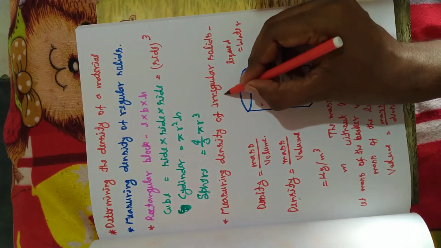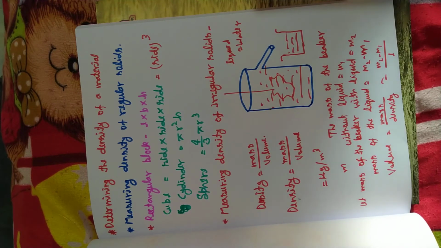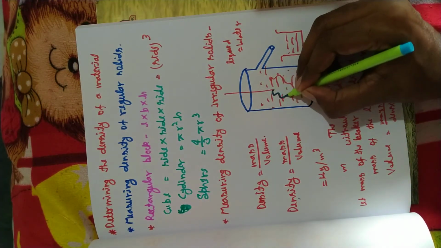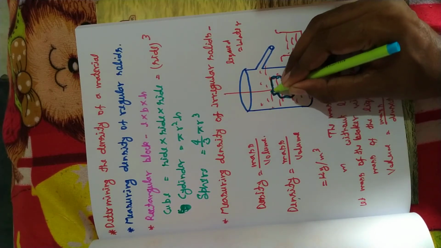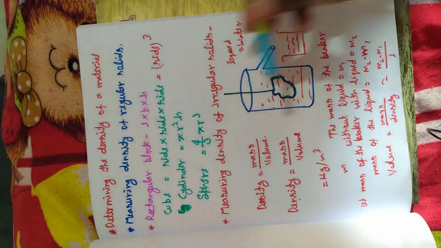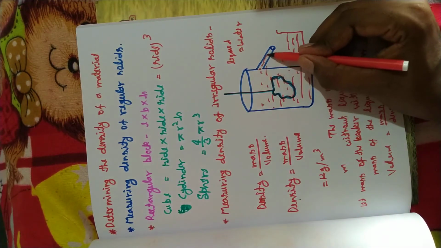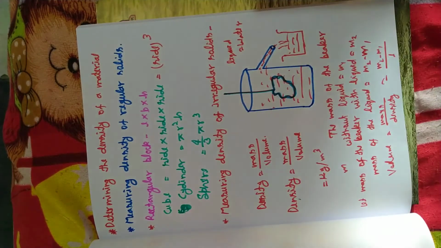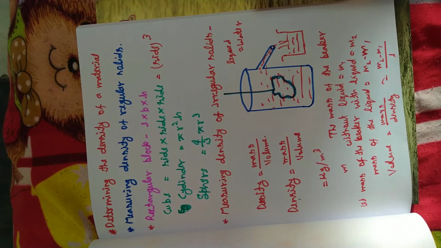Then with the help of a string, lower the solid into it. This is the solid, and this is the string. When we submerge this solid in the liquid, water will fall out into this beaker. So now you can easily find the density of the irregular solid.